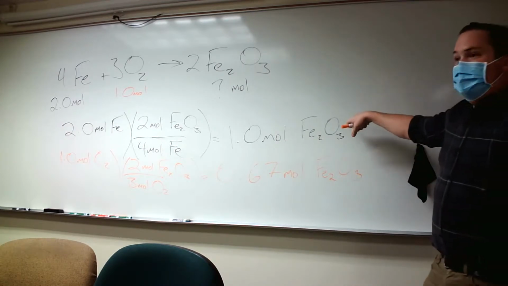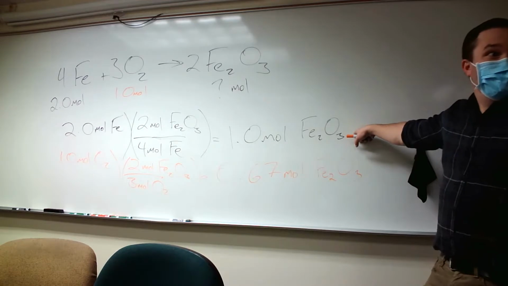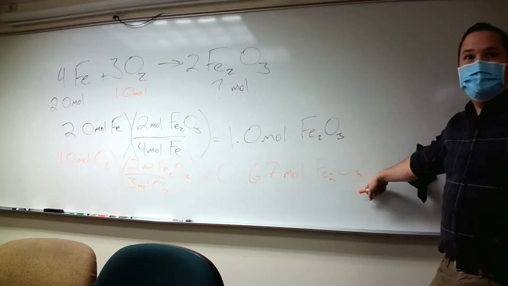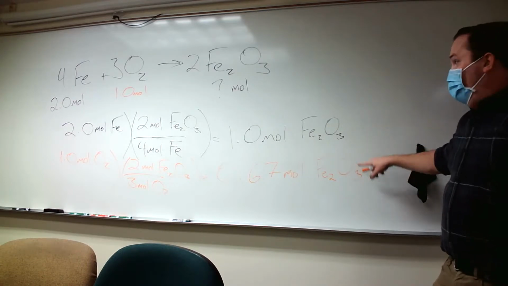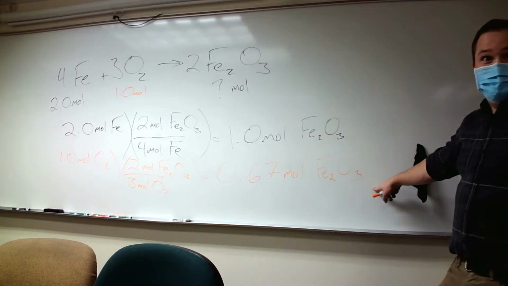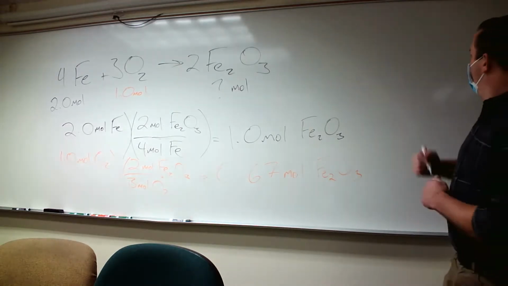We have enough patties to make 100 moles, but only enough cheese to make 67 moles. So the oxygen is the limiting reactant? So that means that we're running out of oxygen first. We've got vocabulary already. Well, that's because I have the slides printed out.